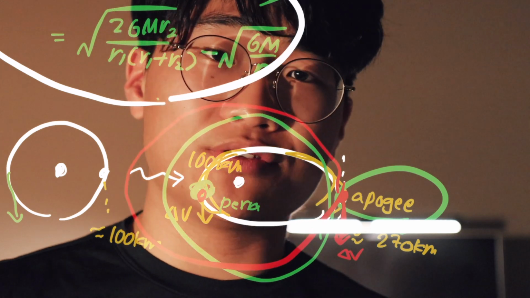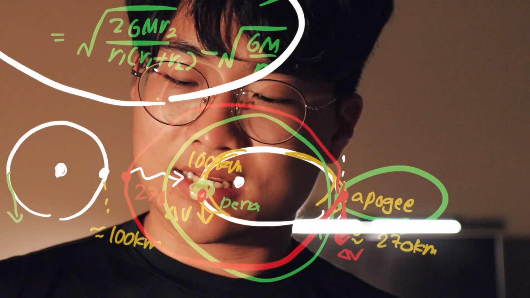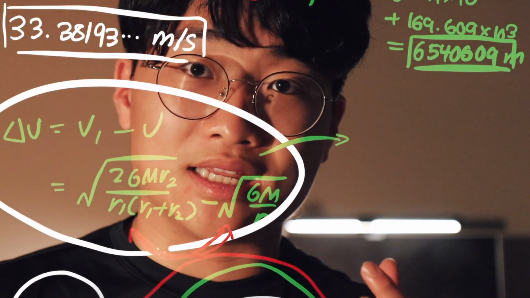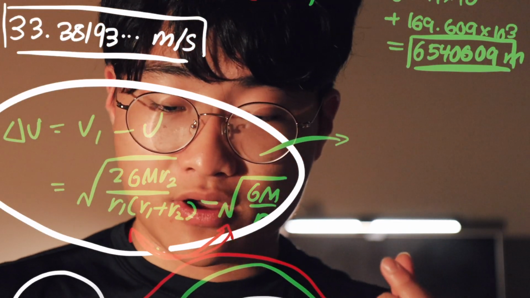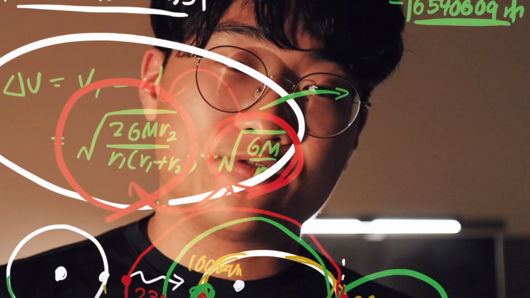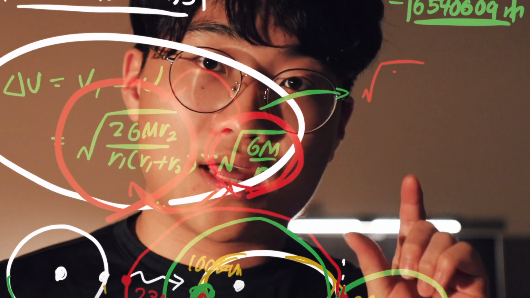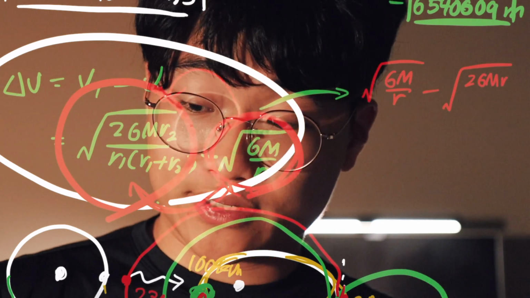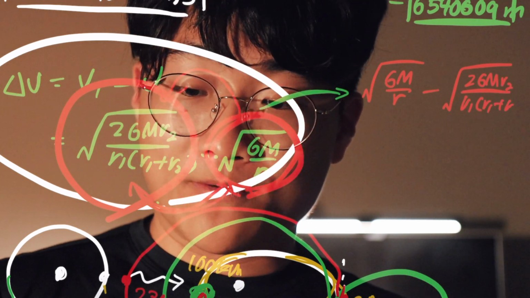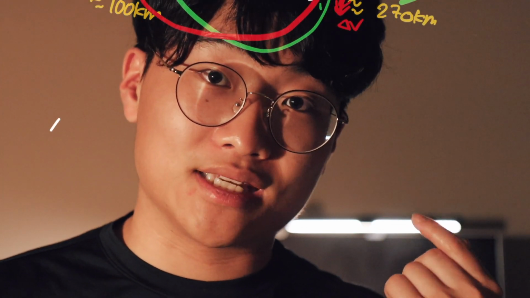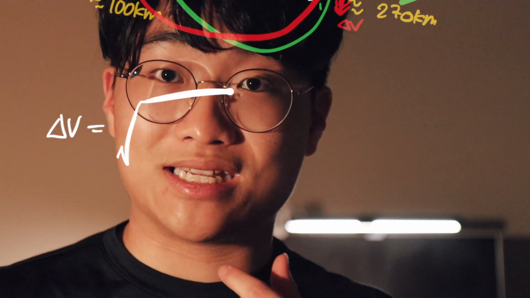If you look at the original equation, we can notice that we are subtracting an orbital velocity equation, in this case the circular orbit velocity equation, from the elliptical orbital velocity equation. But if we reverse it, and put the circular orbit velocity equation first, then we're going from an elliptical orbit to a circular orbit instead of a circular orbit going to an elliptical orbit.